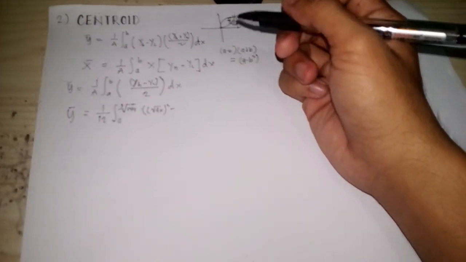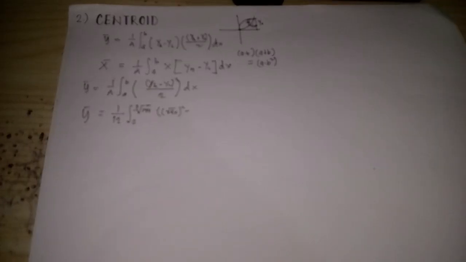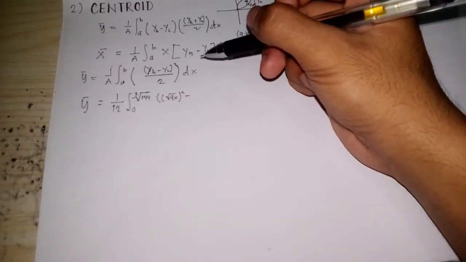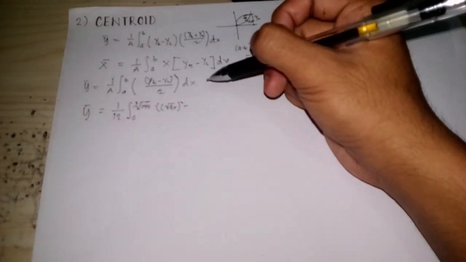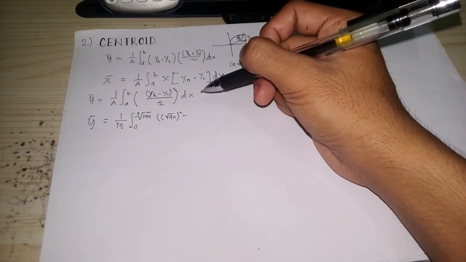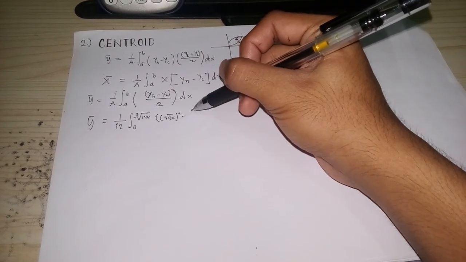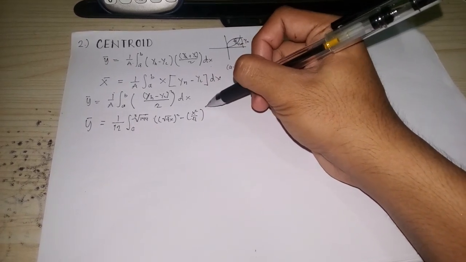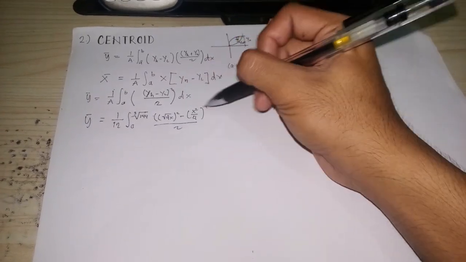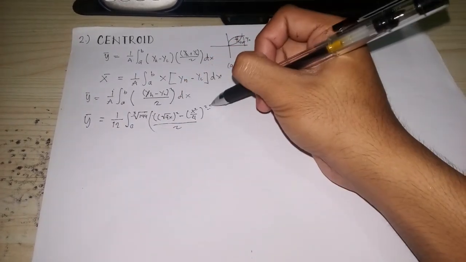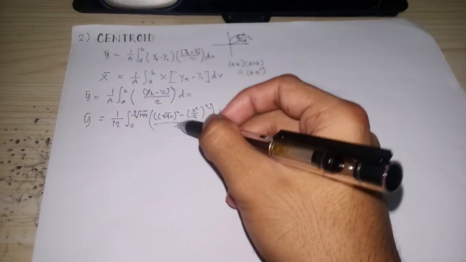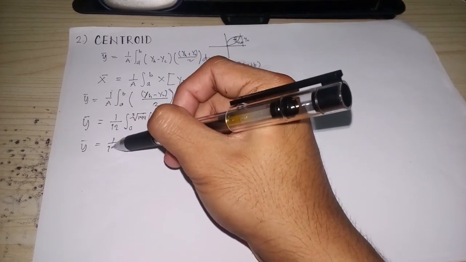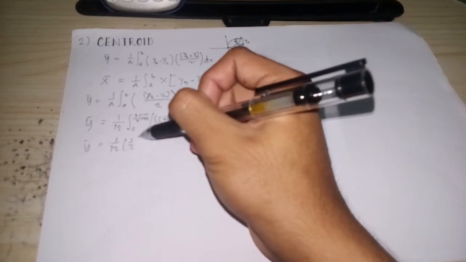Let me just fix my camera. So 9x squared is 9x squared, right? Then this here is x squared over 4 squared, then it's over 2, dx. So if we move this 1/2 outside, then this will become 1/12 is 1/2.